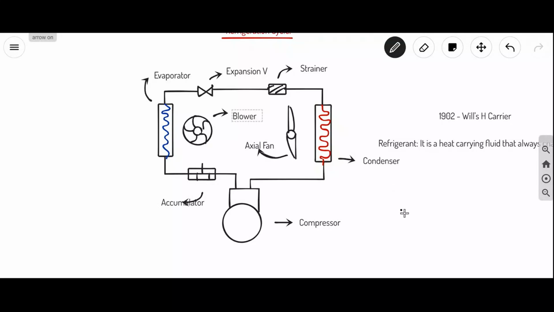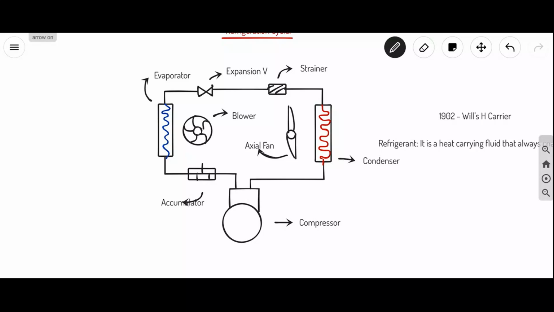These components are classified into two types: primary components and secondary components.